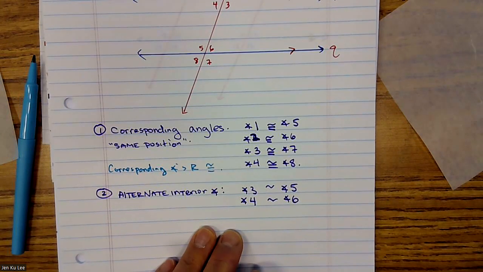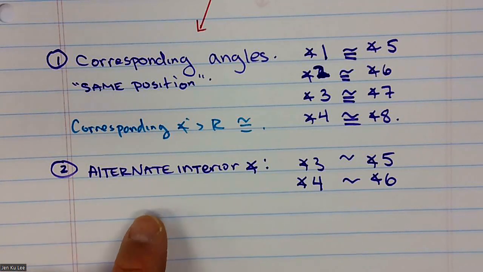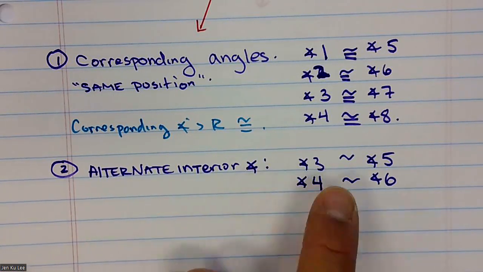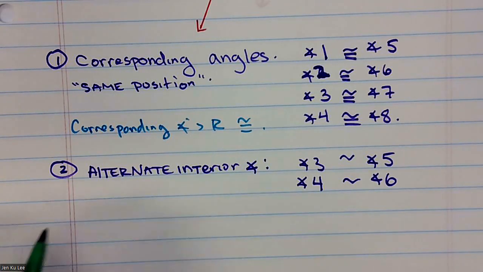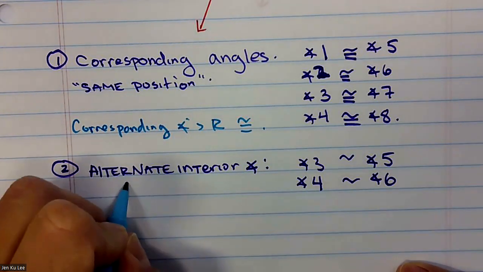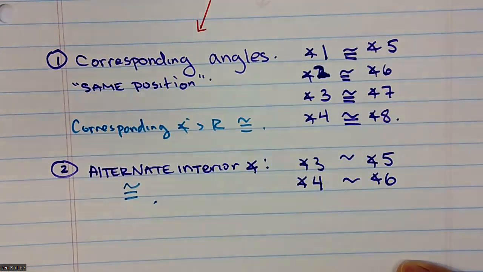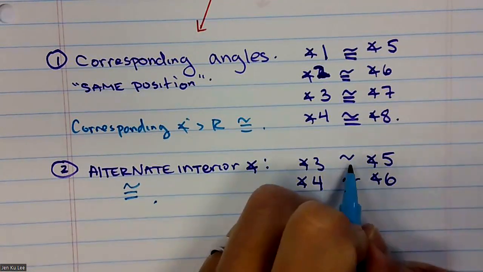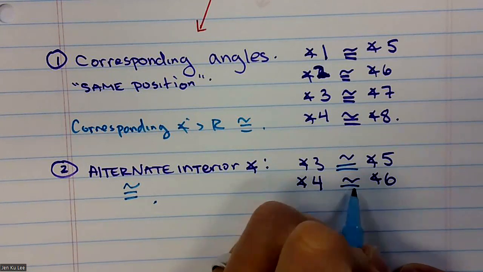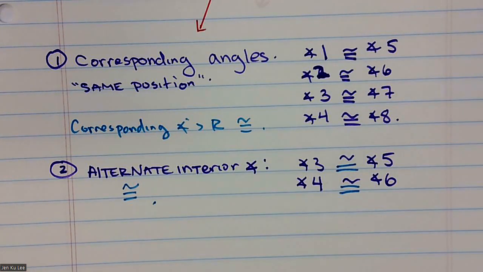I'm gonna give you a second. Define that relationship. The relationship that alternate interior angles have is they are congruent. Okay? So I can also draw this, right? Okay, alternate interior angles are always going to be congruent. All right?